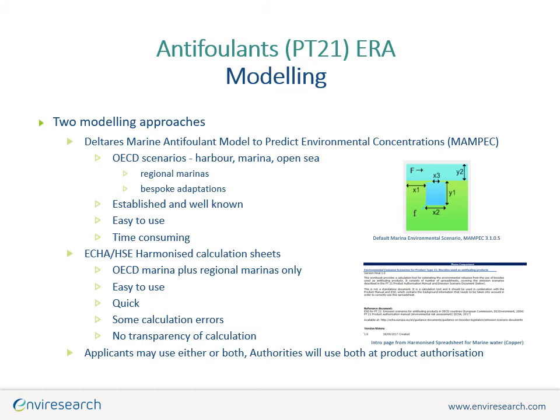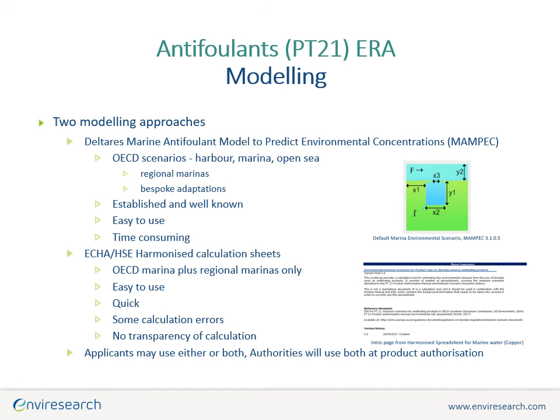Since then there have been 7 new versions of Mampec improving the hydrodynamics and chemical fate modelling, to make sure that this is an accurate and representative model for the OECD scenarios that covers the harbour, the marina and the open sea, but you can also put in your own bespoke marinas if you need to, and also the regional marinas that I mentioned earlier, such as Mediterranean or Atlantic. It's an established and well-known model. It's easy to use, however it can be time consuming.